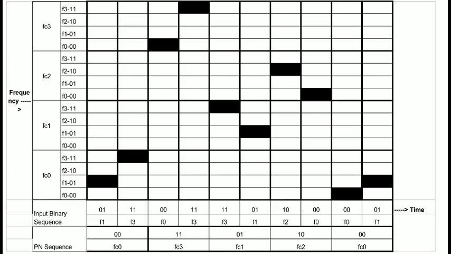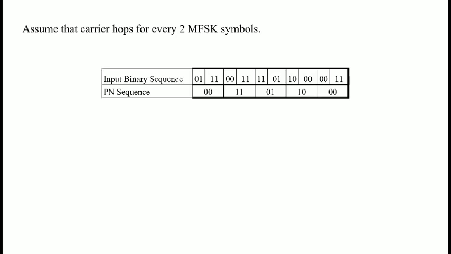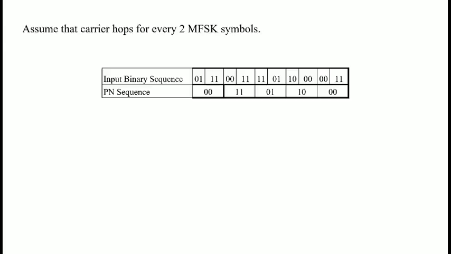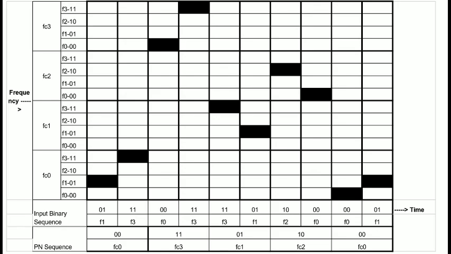On the y-axis, we write the carrier frequency. From the previous table, we have a total of 4 carrier frequencies, that is FC0, FC1, FC2, FC3. Write these carrier frequencies on the y-axis.